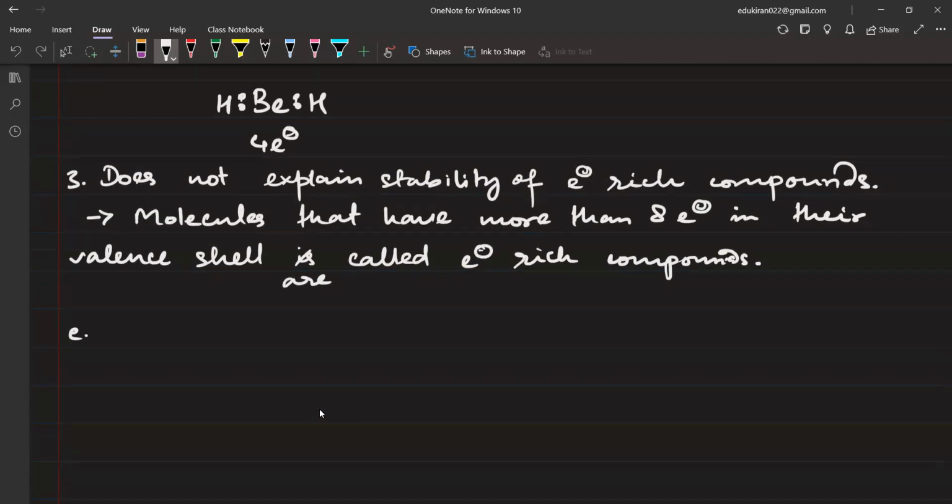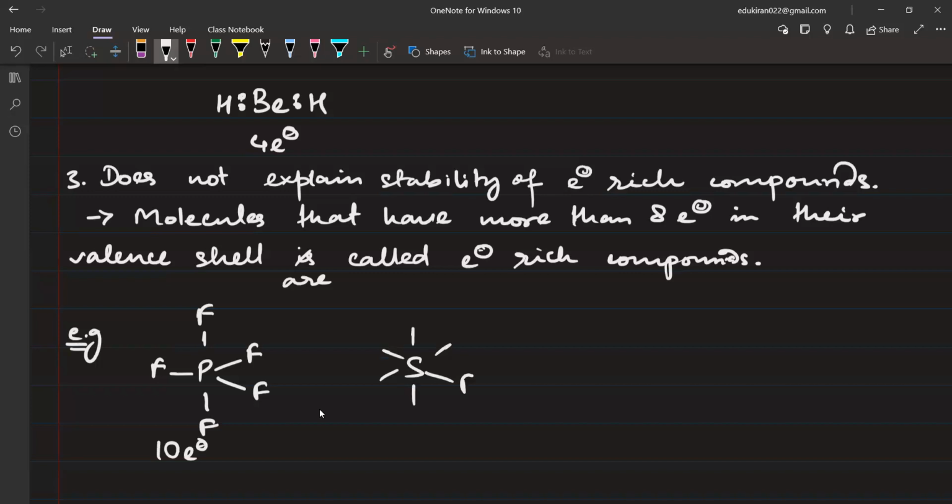Okay, so examples are many. Some examples you can write: PF5, phosphorus pentafluoride. 1, 2, 3, 4, and this central atom phosphorus is having how many electrons? 10 electrons, because it is having how many bonds? 4 bonds, sorry, 5 bonds. SF6, sulfur hexafluoride.